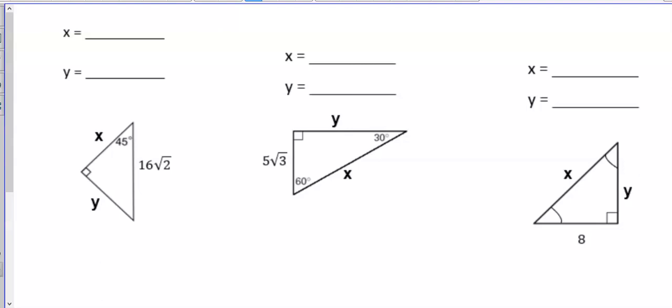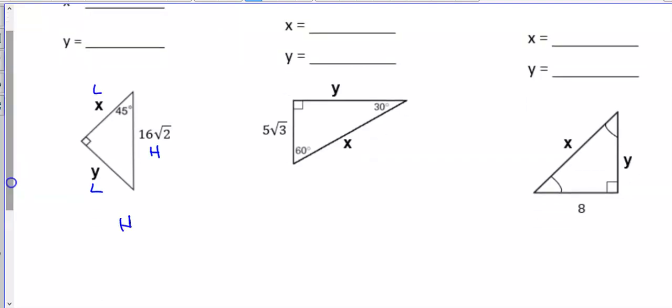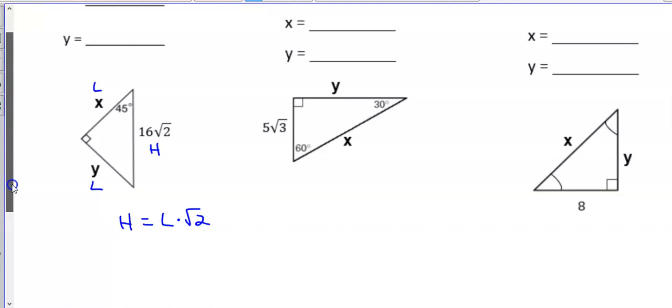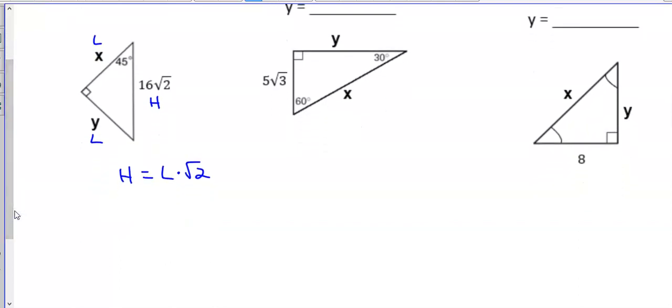Moving on, you have 45, 45, 90. Your hypotenuse is over here, and your legs are here. So using the formula, your hypotenuse is equal to a leg times the square root of 2. If you substitute in here, your hypotenuse is 16 square root of 2, and your leg is unknown.